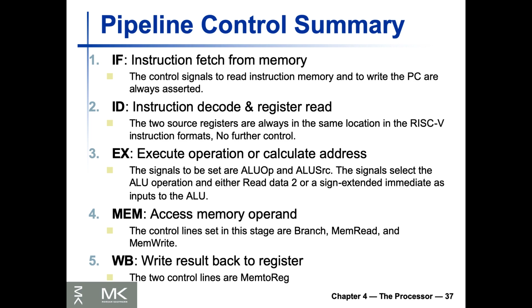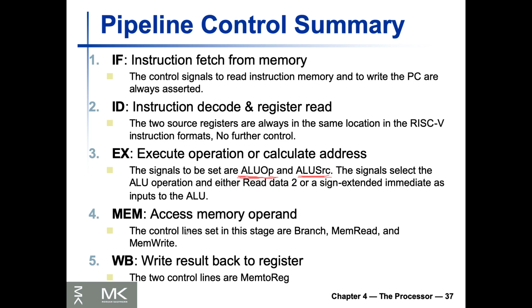ID or instruction decode. At this stage, the 2 source registers are always in the same location in RISC-V. So I put all the information here, so when you pass through the slides, you can grab the overall information. And then you can always refer back to this to see which of those are getting used. After that, for execution, we're going to execute the operation, right? So we're going to use ALU up and ALU source.